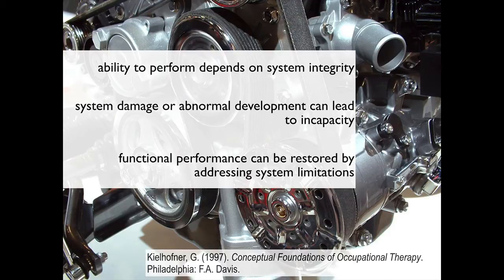So the view here was much more that the human body was a complex system, and when things went wrong, either because of developmental issues or because of illness, disease, or disability, the aim of occupational therapy was to either fix whatever that issue was or to compensate for that in some way.